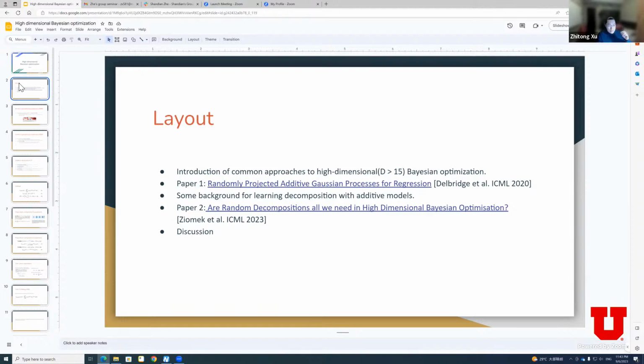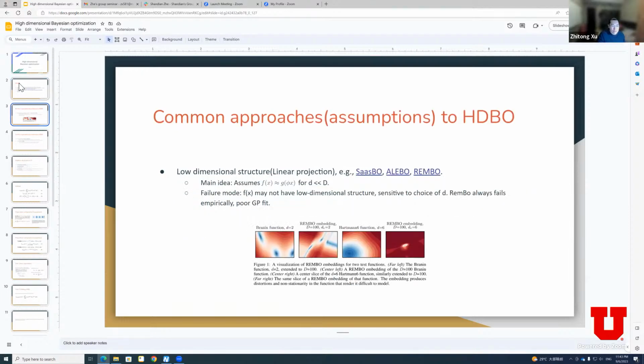Then we can have some background on learning the decomposition with an additive model, go through the second paper, and have a discussion. I really think paper 1 and paper 2 are trying to tackle the same problem, but with different ideas.